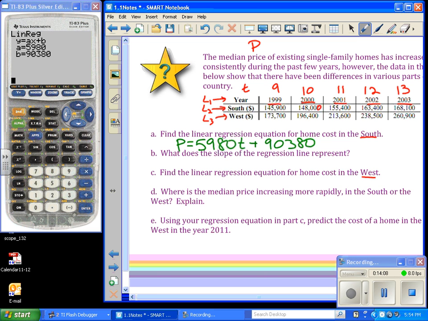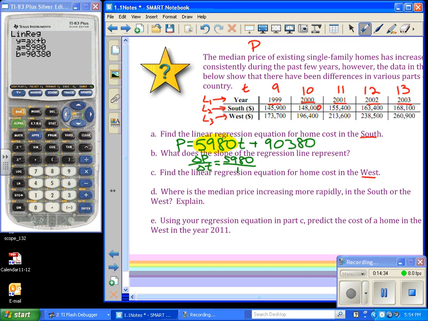What does the slope of the regression line represent? Well, think about the equation for slope. That's change in y over change in x. Well, in this case, it's change in p over change in t. So it's my change in price over change in time. Well, that ratio is the coefficient of my t, the 5,980. I can write that as a fraction, 5,980 over 1.